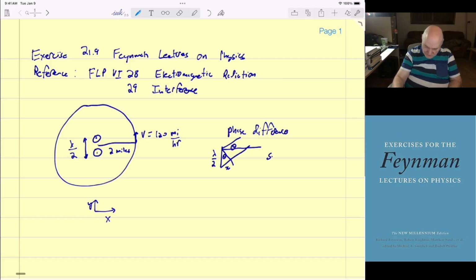So sine theta is equal to x over lambda over 2, or x is equal to lambda over 2 times sine theta. And the phase difference, phi, that this causes is kx, or 2 pi over lambda, times lambda over 2 sine theta.